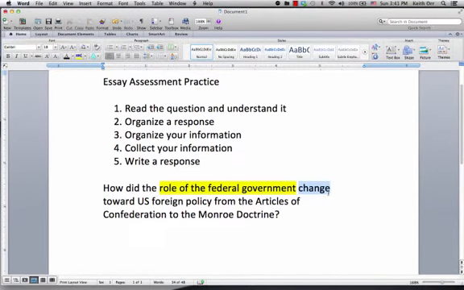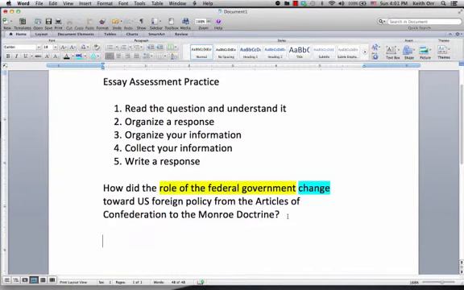Change over time, toward foreign policy, of course, but between the Articles of Confederation and the Monroe Doctrine. So there's my time frame, and I'm looking for change in the role of federal government. That seems doable.